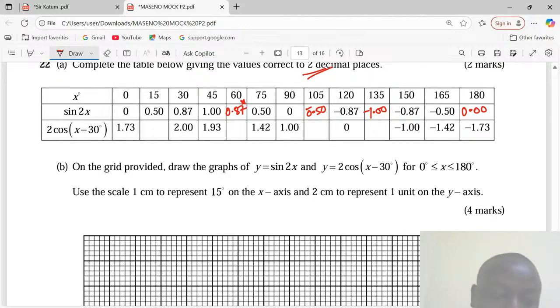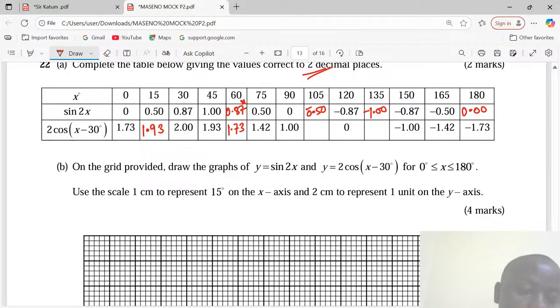We start by 2, the cosine of, you open brackets, 15 minus 30, you close brackets, positive 1.93. We proceed to 60. 2, the cosine of, you open brackets, 60 minus 30, we close, we have 1.73. Then we go to 105.